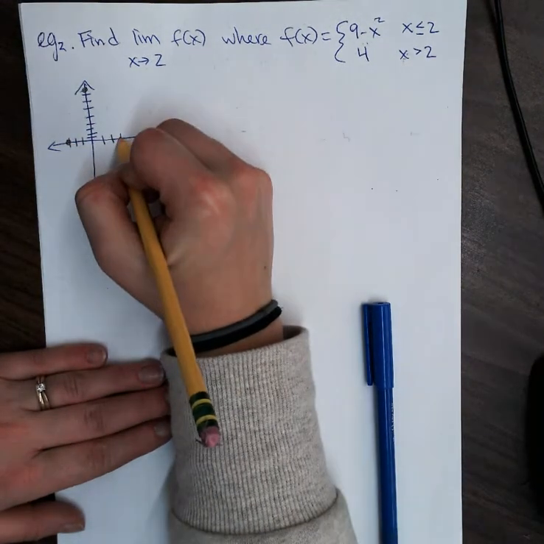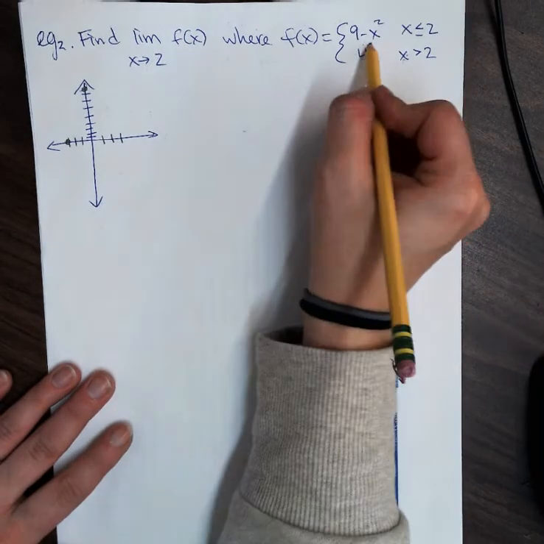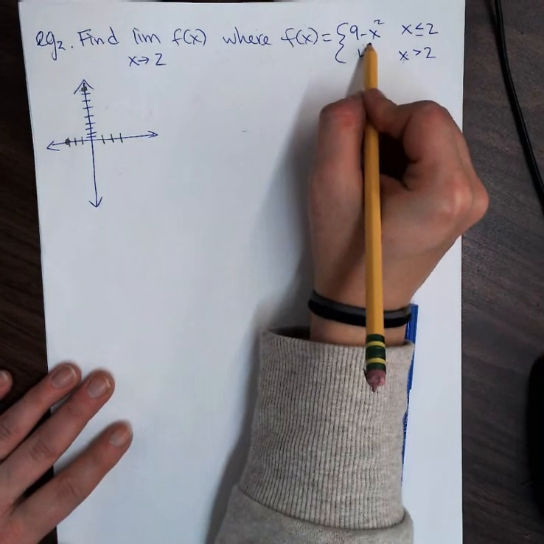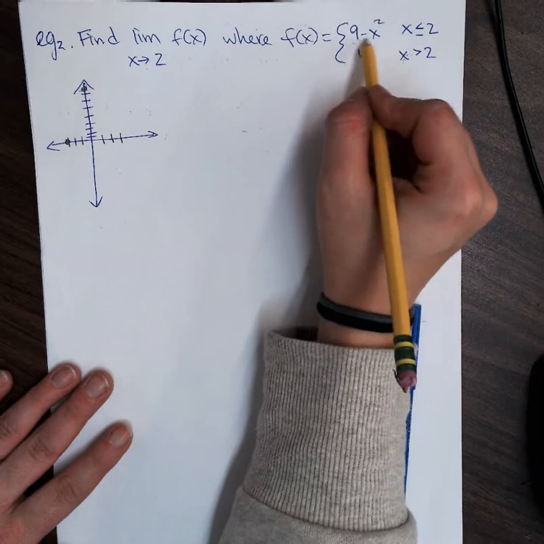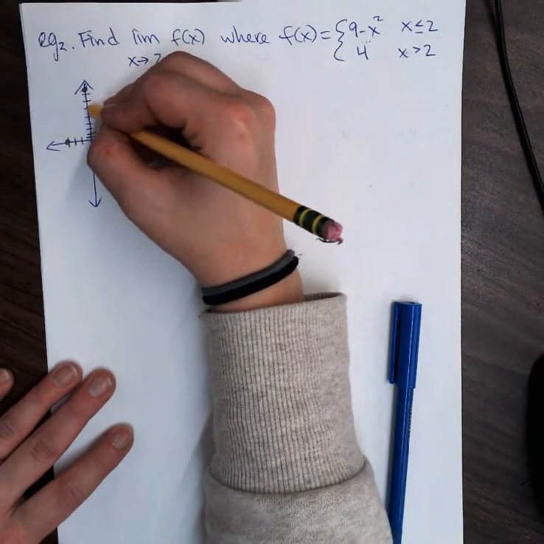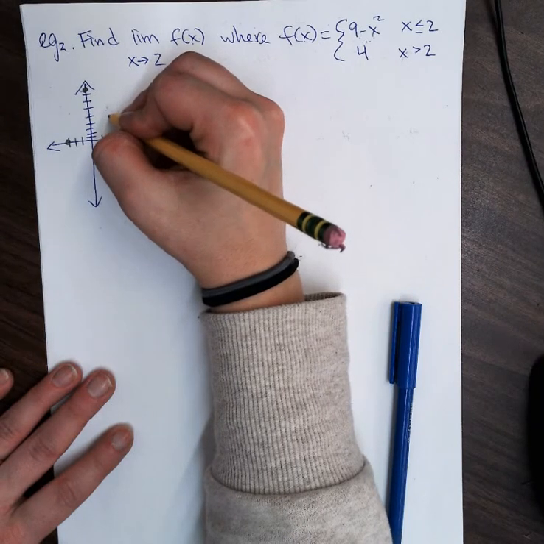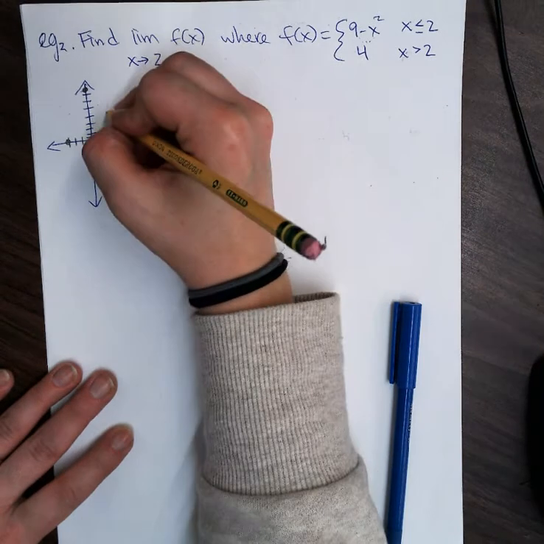But our graph stops at 2, so let's plug in 2 into our quadratic. So 9 take away 2 squared would give us 5. And let's color in the point, because it is included.